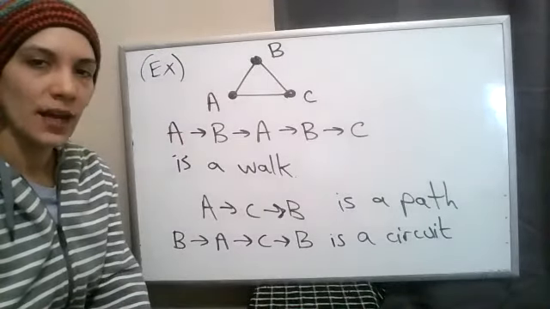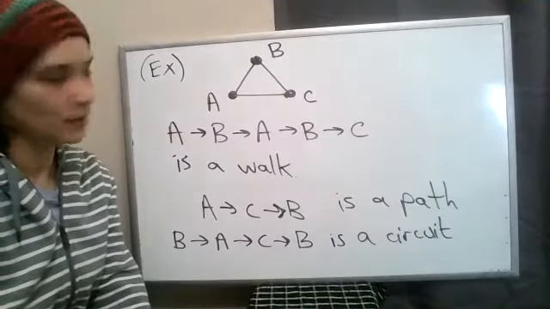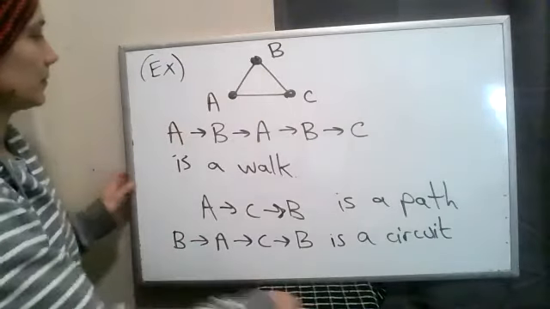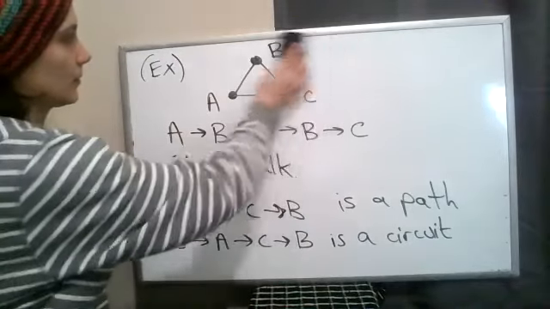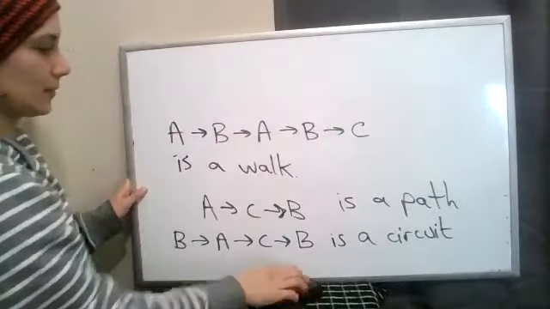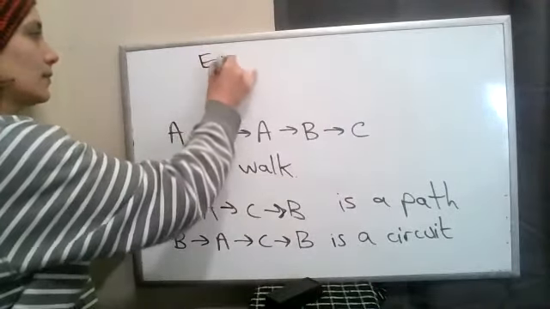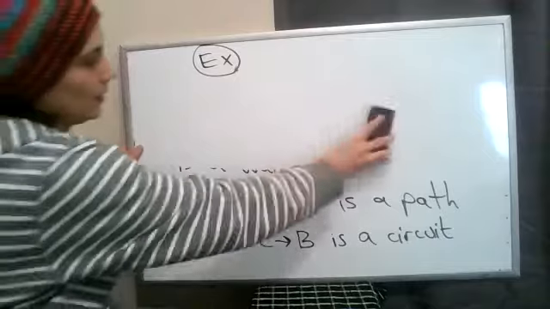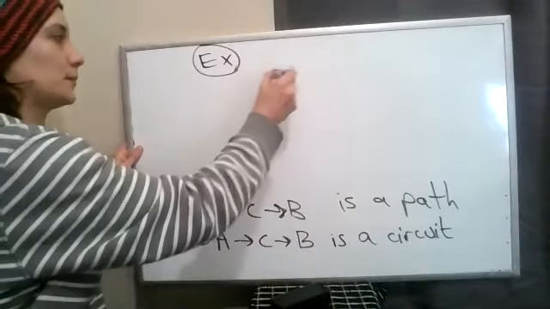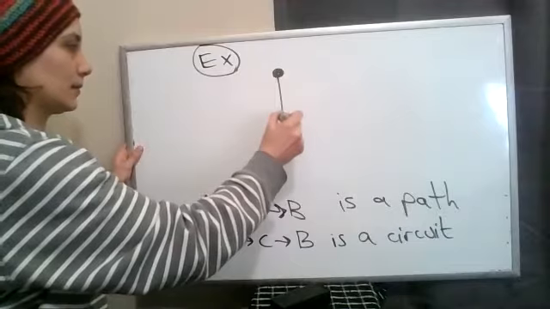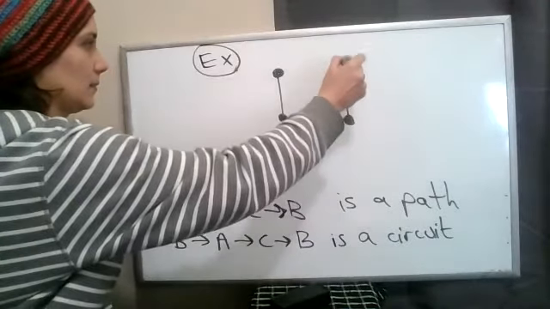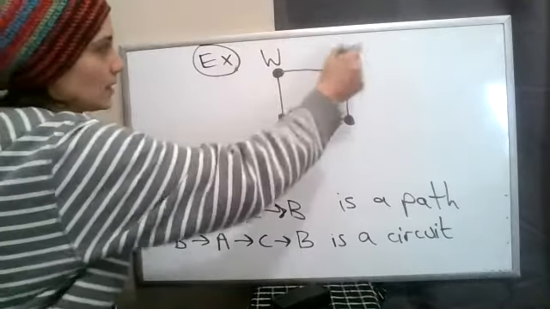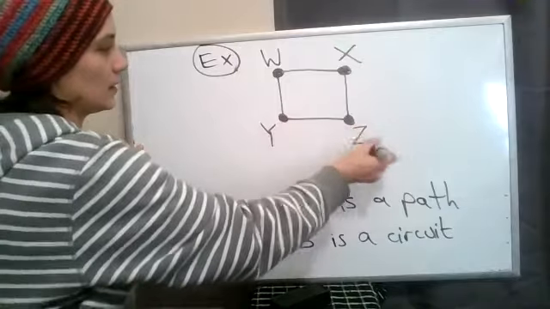And let's see, a new example, it's going to be a square. This will be W, then X, Y, Z.